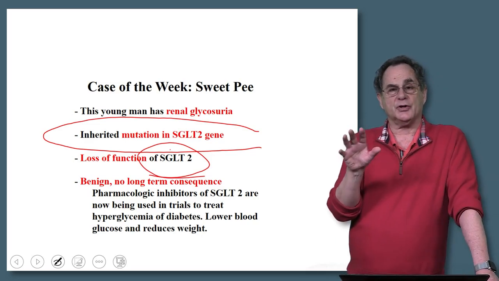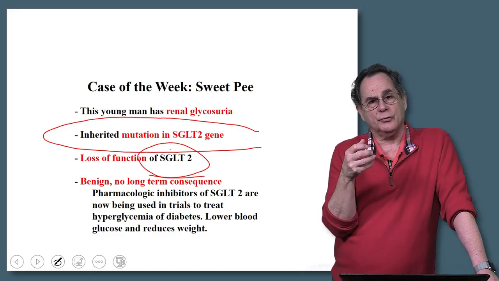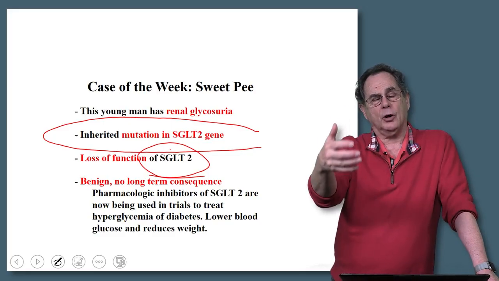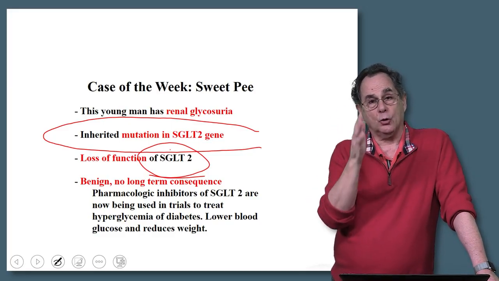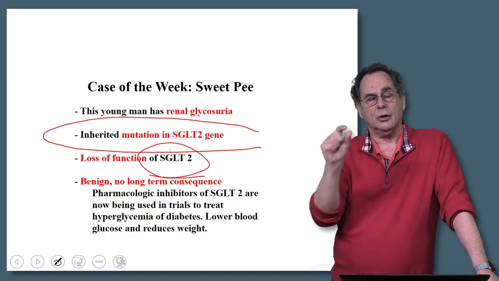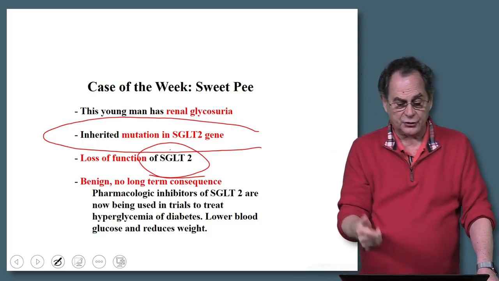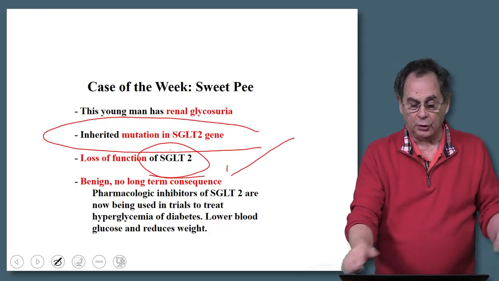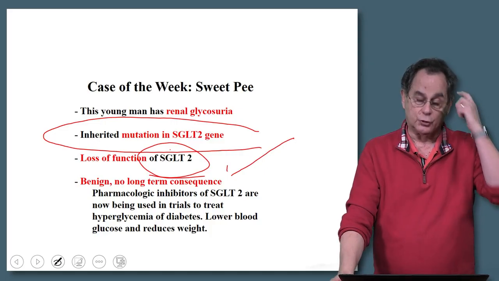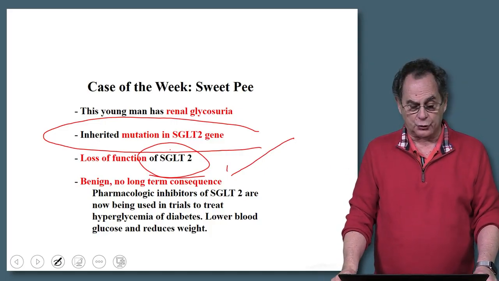What that means is that he didn't have the ability to capture glucose in the lumen of the nephron in partnership with sodium. So although the sodium gradient for reabsorption of sodium remained, there was no sodium glucose 2 transporter. As a consequence, he spilled glucose into the urine. So no diabetes, but a genetic defect in sodium glucose cotransport.